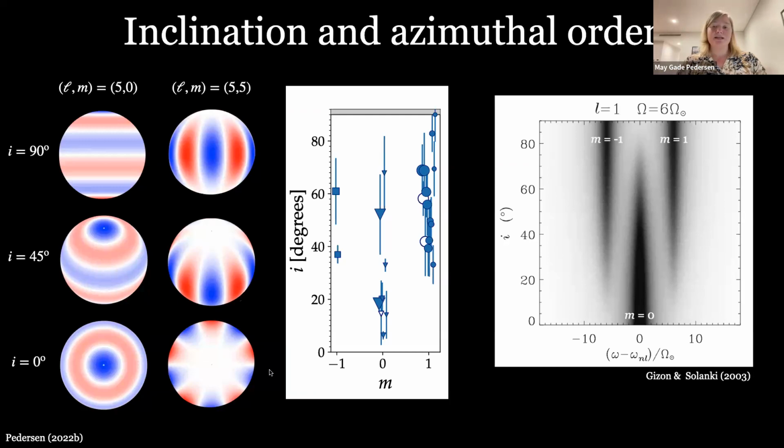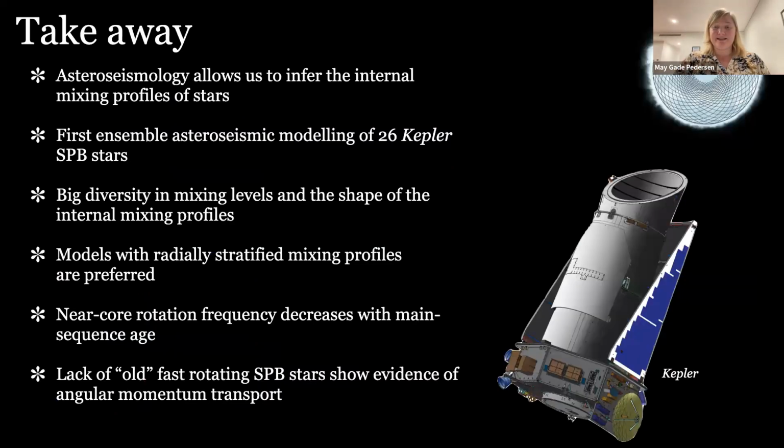So to summarize the results I've covered for this talk, I hope I convinced you that asteroseismology is really fun and cool and can tell us a lot about stars. Asteroseismology allows us to infer what the interior mixing profiles look like for these stars.